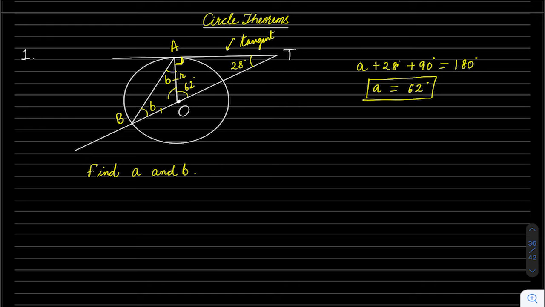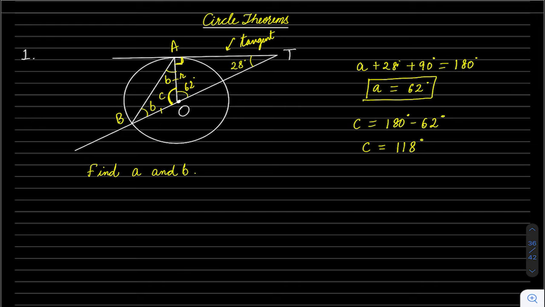Okay, what is this angle that I'm marking right now? So this angle is nothing but, let's say this is angle C. So angle C is nothing but 180 degrees minus 62 because it's a linear pair, right? So C will become 118 degrees.